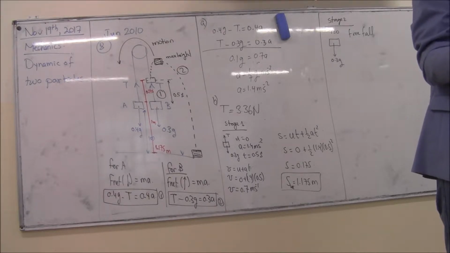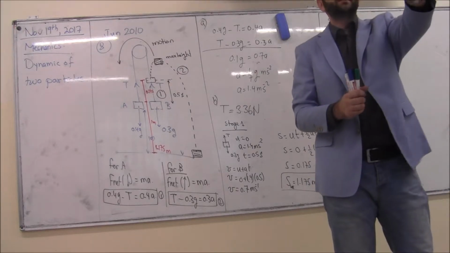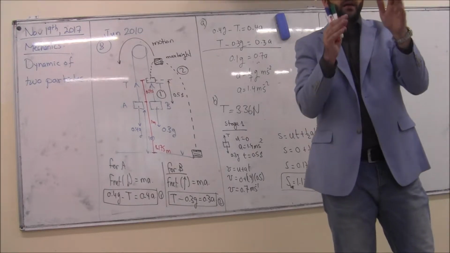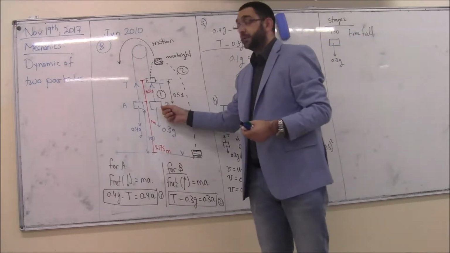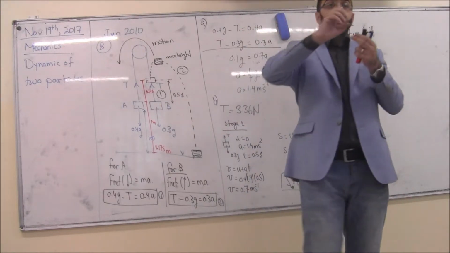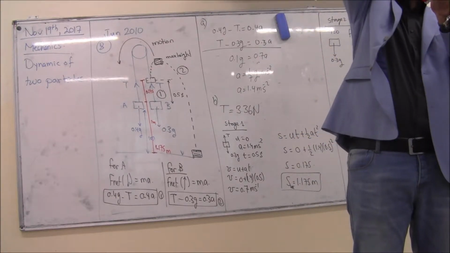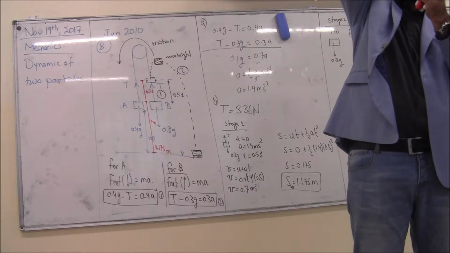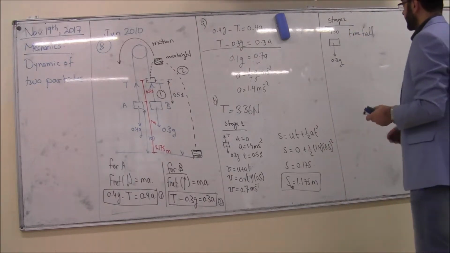No. Same concept. Since the car will not stop immediately, similarly, B will not stop immediately. It will decelerate a certain distance upward, stop, then fall down. Okay, fine? This is as a result of Newton's second law.